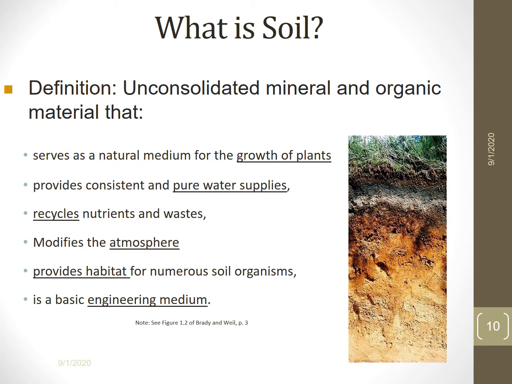By definition, soil is unconsolidated mineral and organic material that serves as a natural medium for the growth of plants, provides consistent and pure water supplies, recycles nutrients and wastes, modifies the atmosphere, provides habitat for numerous soil organisms, and is a basic engineering medium.